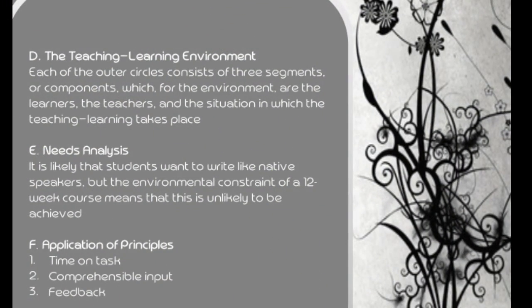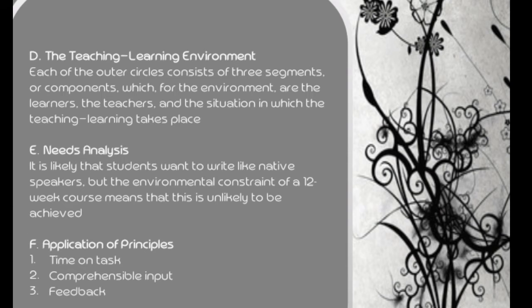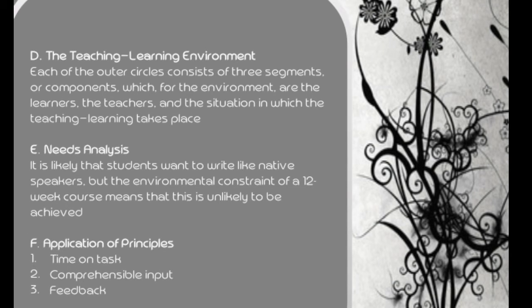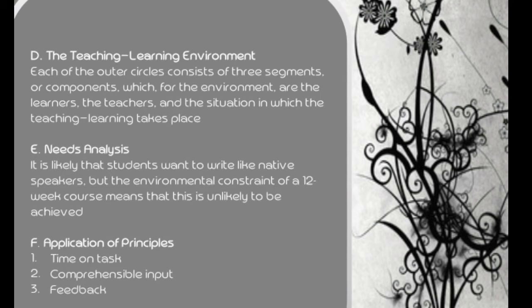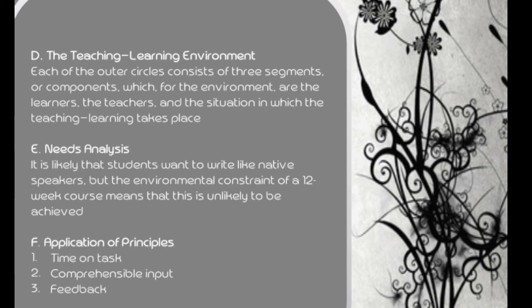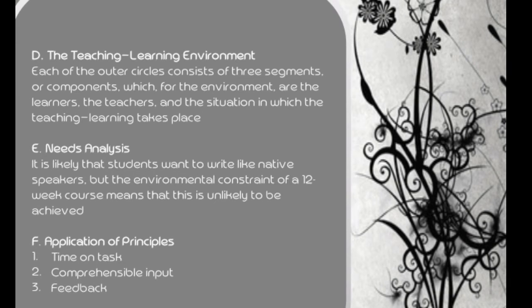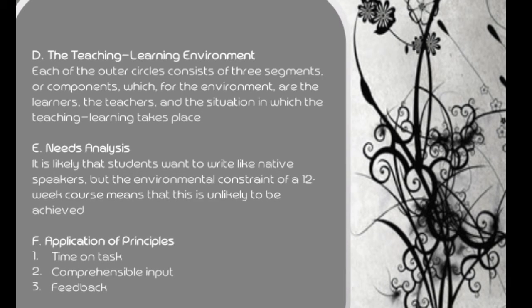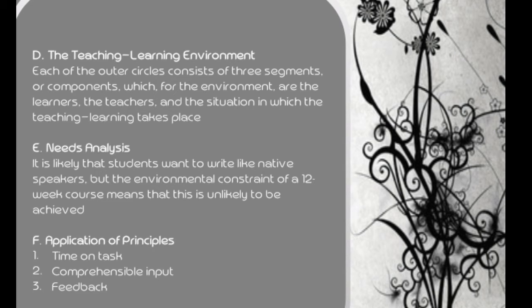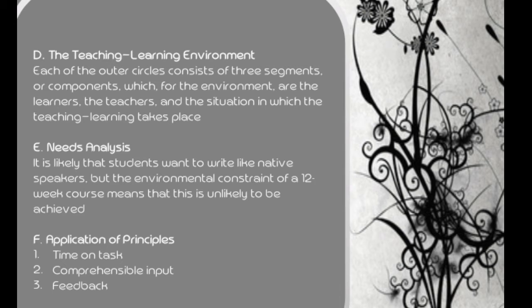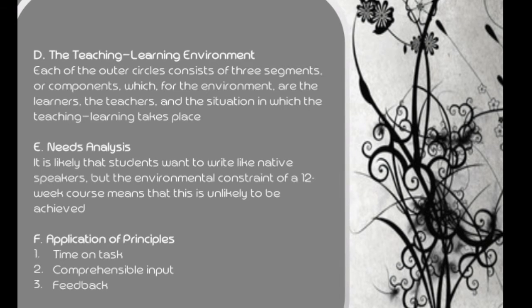Part D is the teaching learning environment. Each of the outer circles consists of 3 segments or components, which for the environment are the learners, the teachers, and the situation in which the teaching learning takes place. As mentioned above, the learners form a diverse body with correspondingly diverse needs.